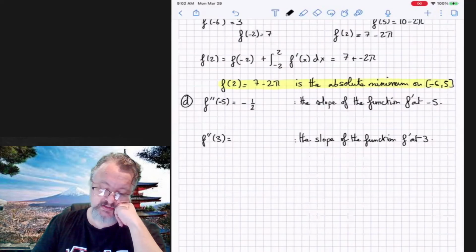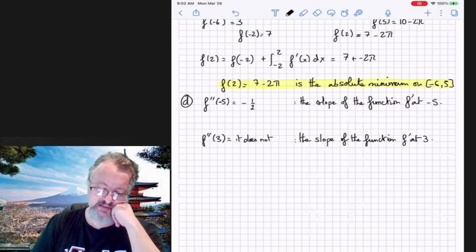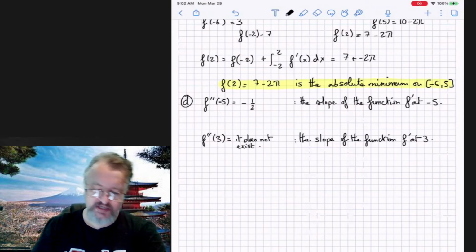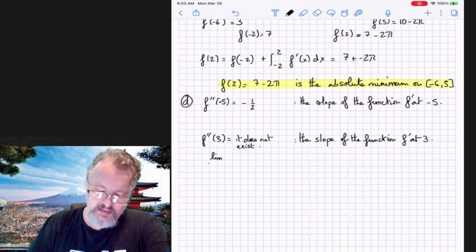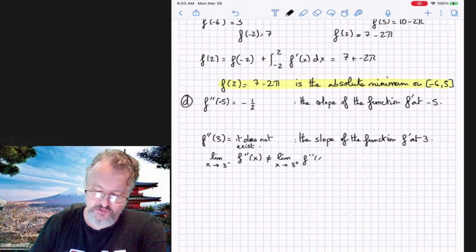Okay, it does not exist. And to justify this on paper, you would say that the limit as x approaches 3 from the left of f double prime of x is not equal to the limit as x approaches 3 from the right of f double prime of x.